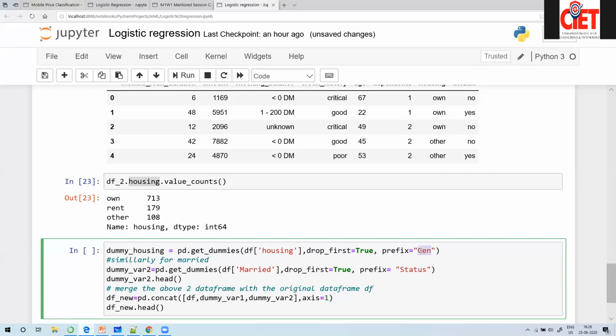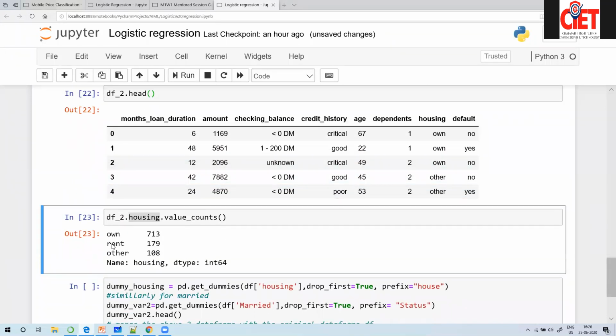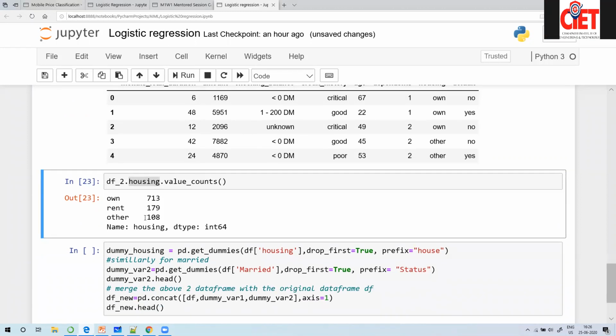So this step is going to work like this. There are 3 unique levels in this column called housing. Now we are going to collapse this column into 3 separate variables.